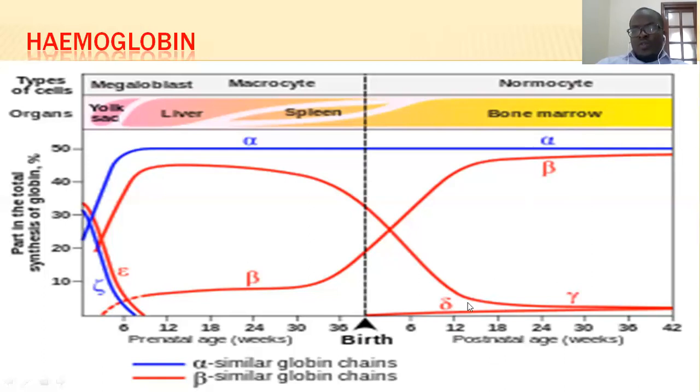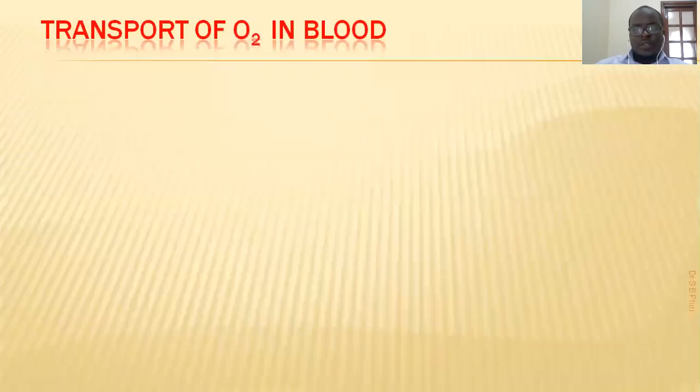This two alpha, two delta is not very good at combining with or transporting oxygen, so it can't reach saturation. That's the reason why blood will never reach 100% saturation, because of these impurities in the structure of hemoglobin. So different types of hemoglobin have different affinity towards oxygen. I hope that helps. Proceed.